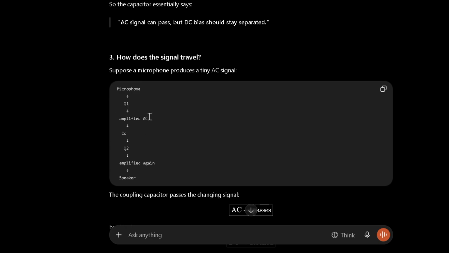Then the capacitor sends only the AC and blocks the DC.